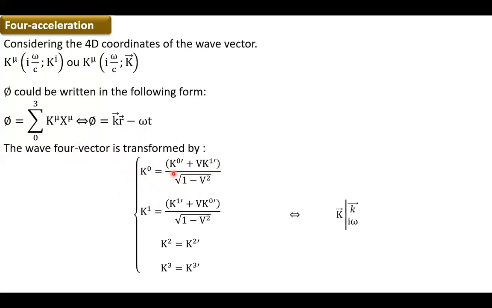So you put it in the form of k0, which is equal to k0 prime plus v k1 prime over radical 1 minus v squared, k1, which is equal to k1 prime plus v k0 prime over radical 1 minus v squared, and along y and z, so k2 and k3 will stay the same. And in terms of coordinates, the big K is equal to the 3-dimensional k, 1, 2, 3, and i omega, or i omega over c if you are using a c that is different from 1.